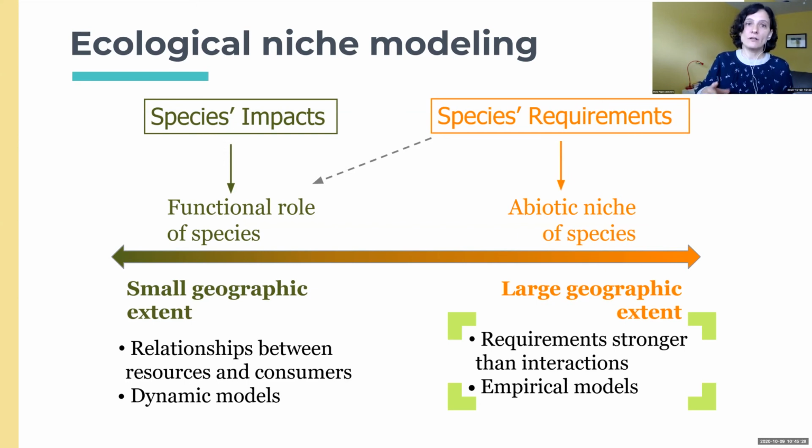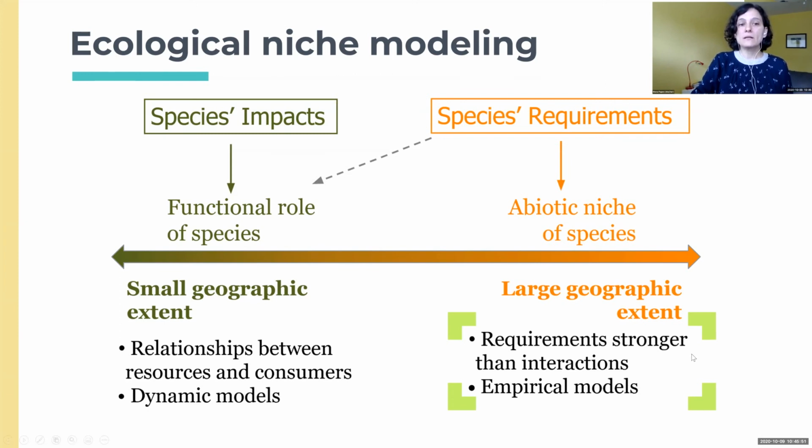But generally, for many examples we have in the literature, at these large geographic extents, continental, Eastern North America, a big geographic region, we can rely on abiotic factors, on the requirements that species have in order to survive in a region, as the main determinants of species distribution.